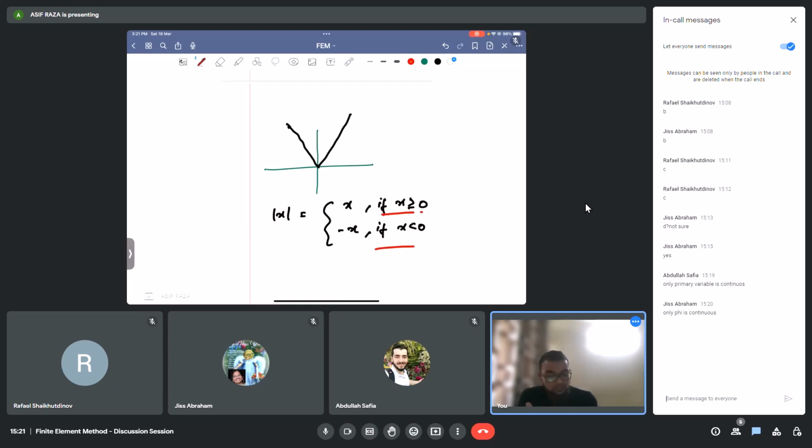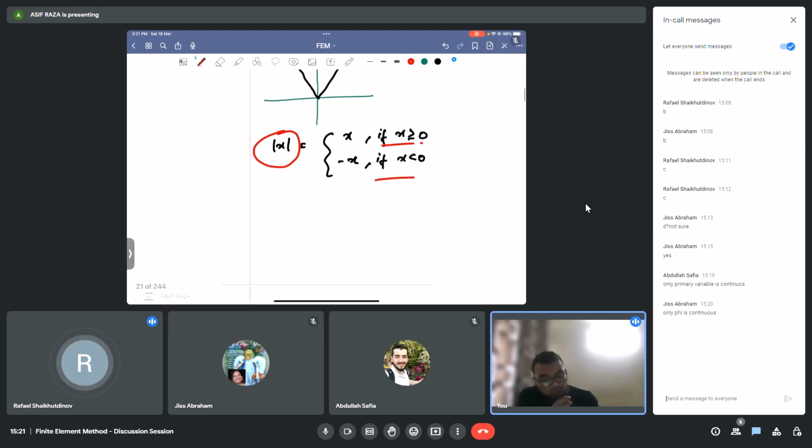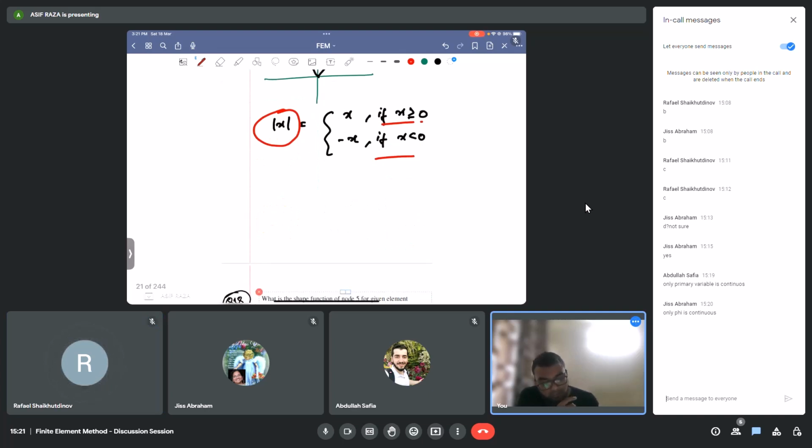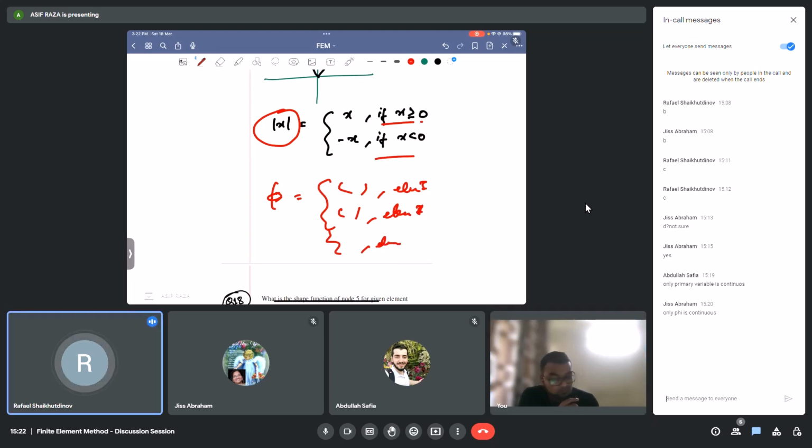Globally we write it like this; locally, the domain is the whole body with its boundary. For a finite element case, my phi is my global shape function, and it may have a different definition for element 1 and a different definition for element 2. I meant it like this. I hope this is clear now.